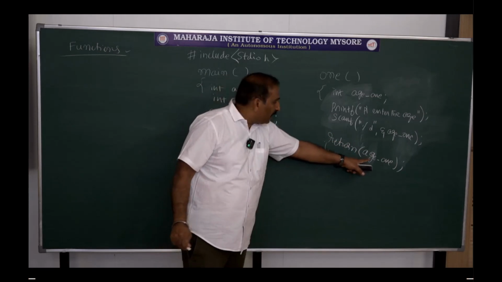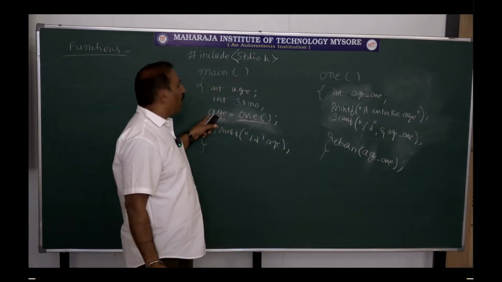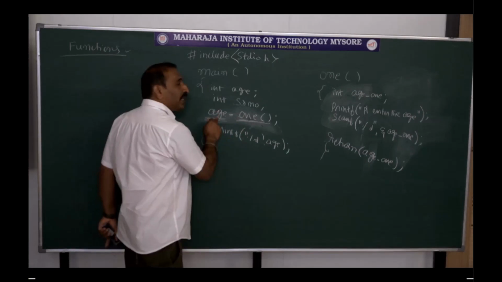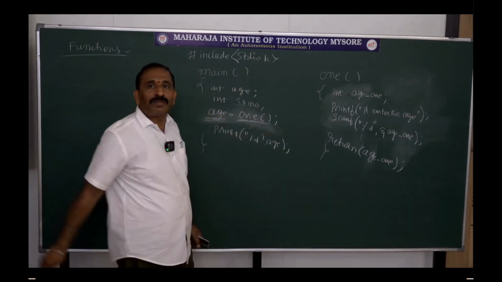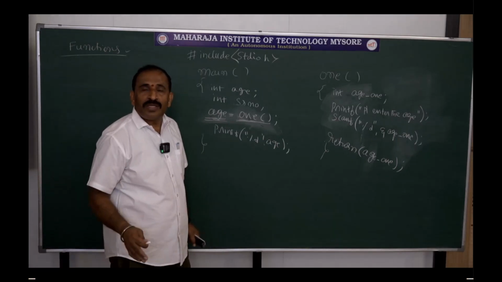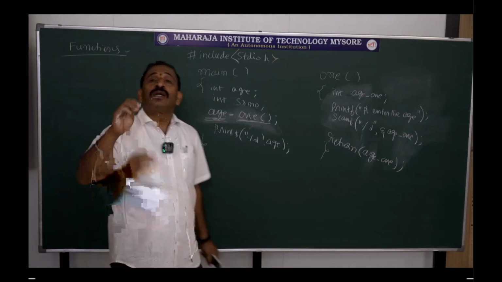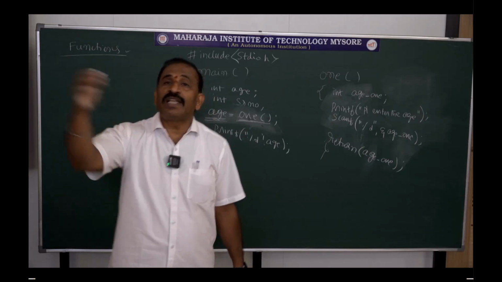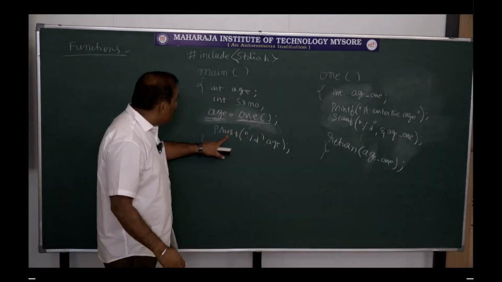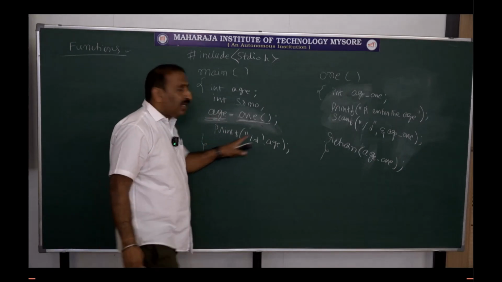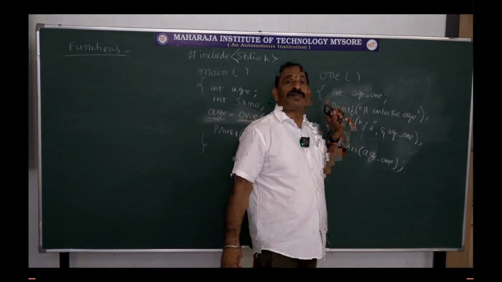So that value is returned. What is returned is assigned to age. Therefore when you run this small program, you will get the age that was typed, displayed here. Scanning is done in this program.